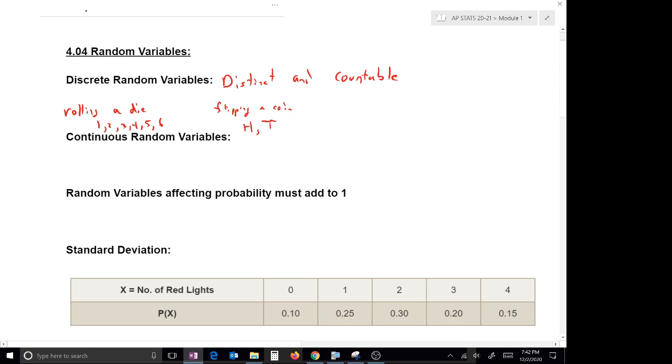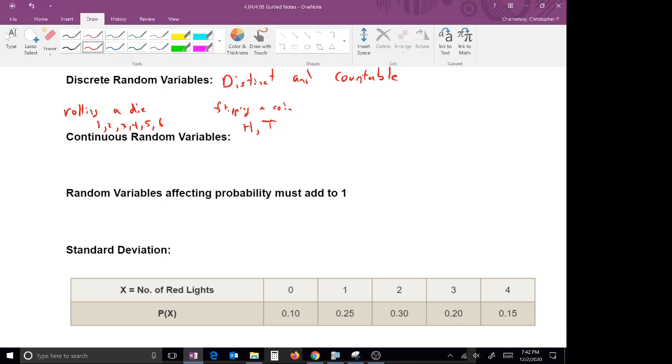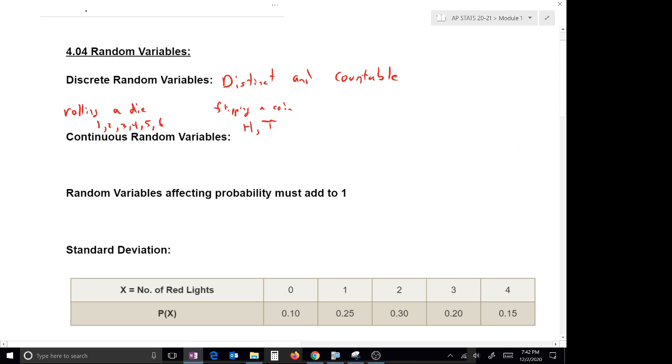Continuous random variables would be something like the height, or let's say the distance a football is thrown. The reason this is continuous is that it's not countable.